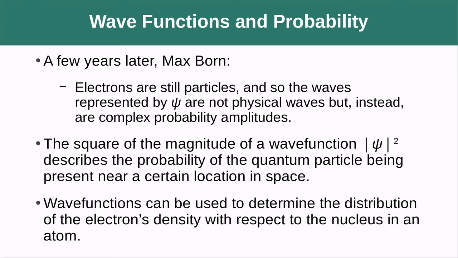A few years later, Max Born said that electrons are still particles, and so the waves represented by psi are not physical waves, but instead complex probability amplitudes. What he means by complex here is like a complex number, containing imaginary numbers, i.e. the square root of -1.